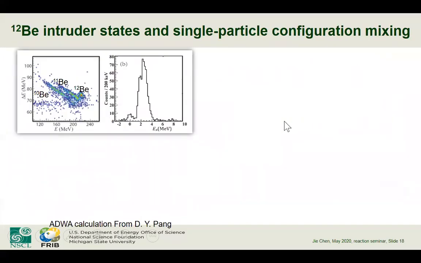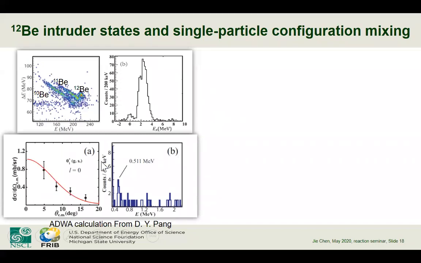Gated on the protons at the backward angle, we get the particle identification spectrum from the zero-degree telescope. We can identify the beryllium isotopes quite well. Then, gated on beryllium-12, from the kinematics of the protons on the annular silicon detector, we can get the excitation energy spectrum.